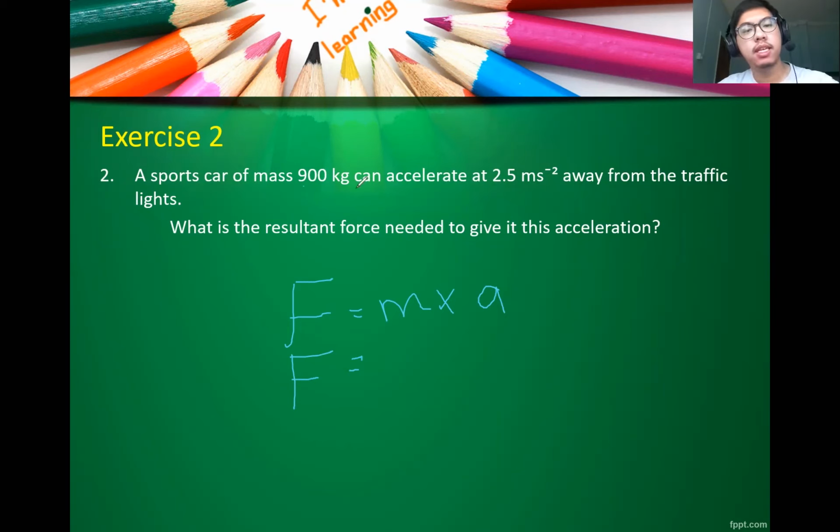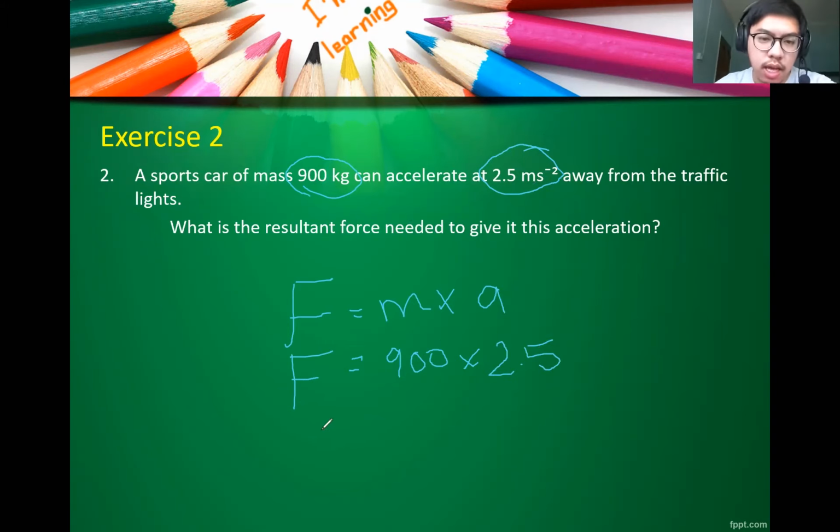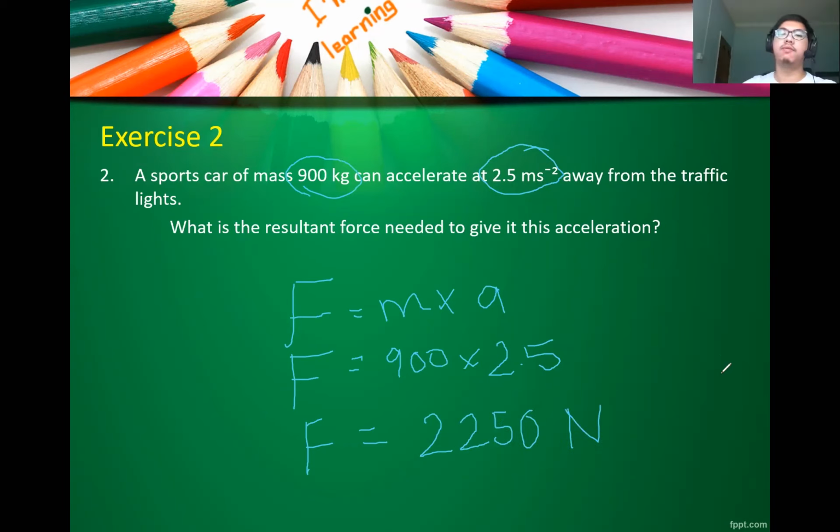And the mass is 900 kilogram. So if you have a mass of 900 kilogram and then you want it to have an acceleration of 2.5 meters per second square, what is the force that you need? So you have to calculate that. 2,250 Newton. So you need 2,250 Newton in order to accelerate this sports car at 2.5 meters per second square.